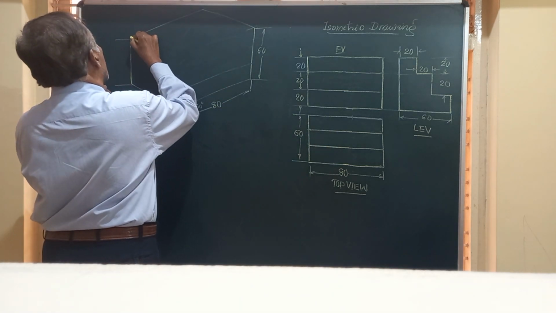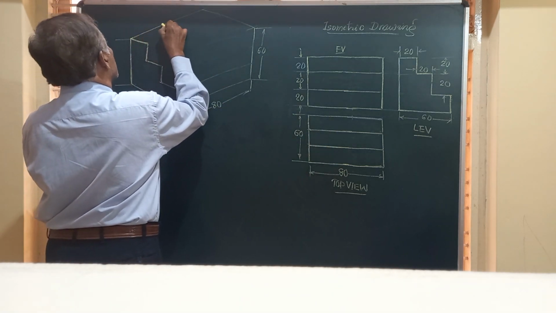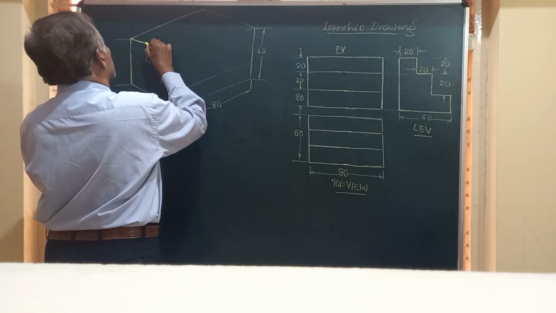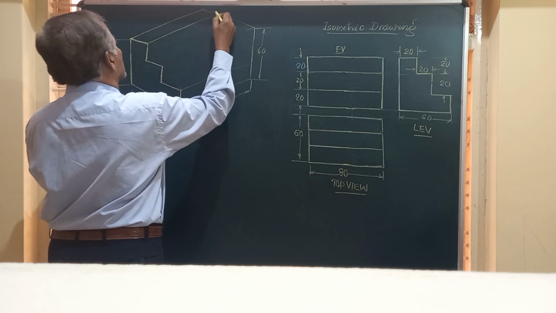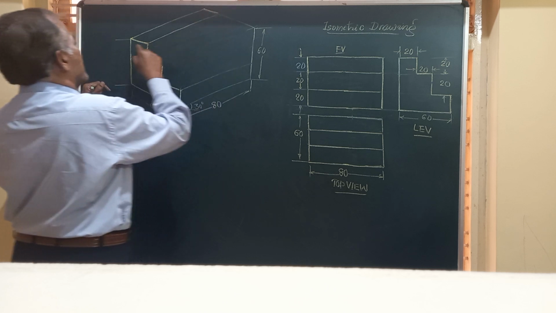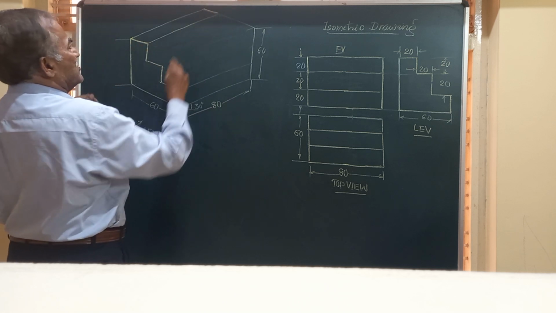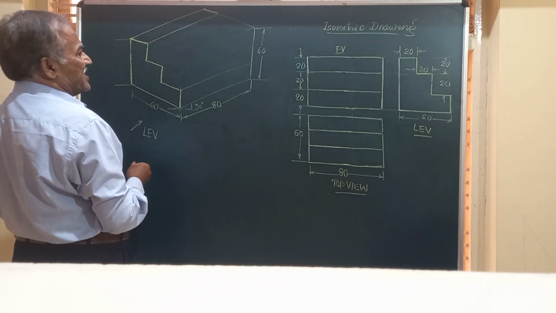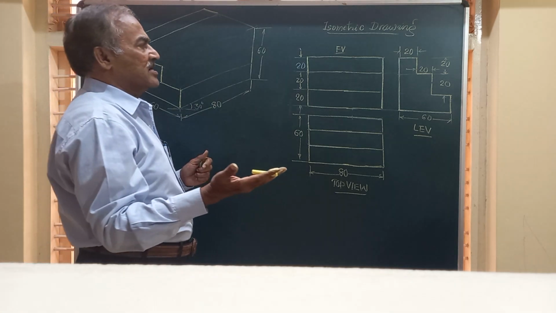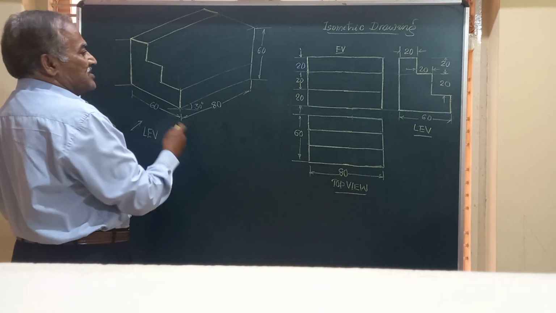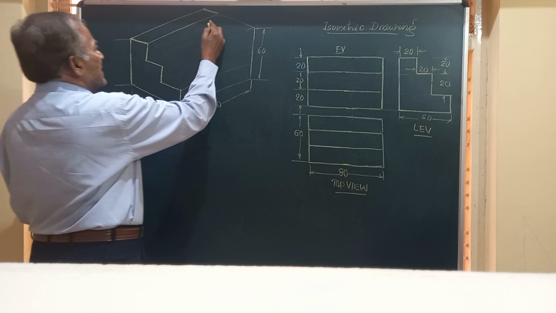So friends, I have this line. Let me mark it dark. Draw another line parallel to that, and the shorter edge is parallel to here. So this is one such rectangle which is horizontal. Again, friends, there is a vertical rectangle here.